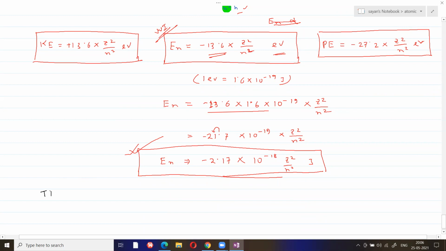So the total energy of an electron in the nth Bohr orbit, that is basically En, total energy, which is minus 13.6 into z square by n square electron volt, or you can write minus 2.17 into 10 to the power minus 18 joule.